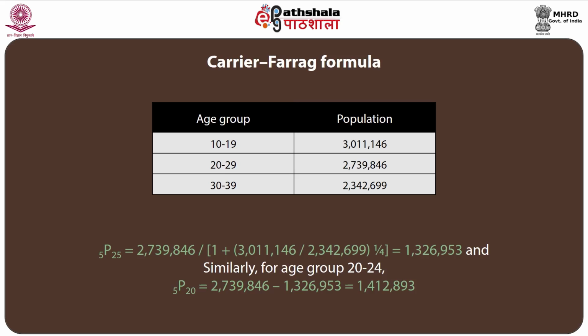You would make the adjustment and finally get a corrected population for the 25 to 29 age group as the new one, 14,12,893, instead of 27,39,846, which was the earlier figure.